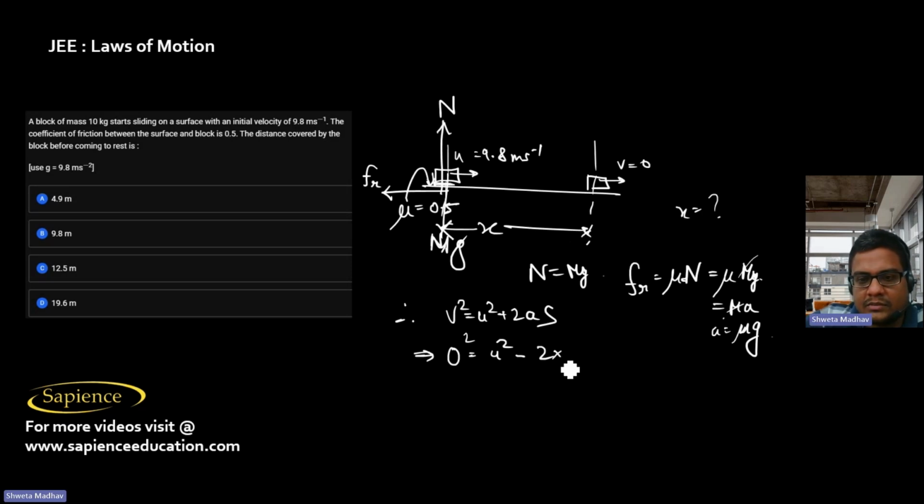So the acceleration is mu g, 2 into mu g into x. So x we have to find out. x will be equal to u square by 2 mu g.